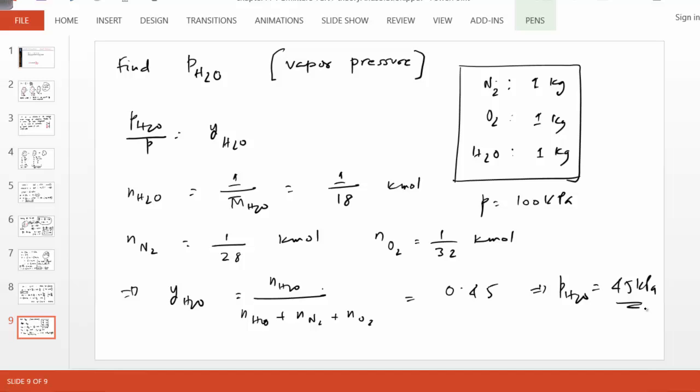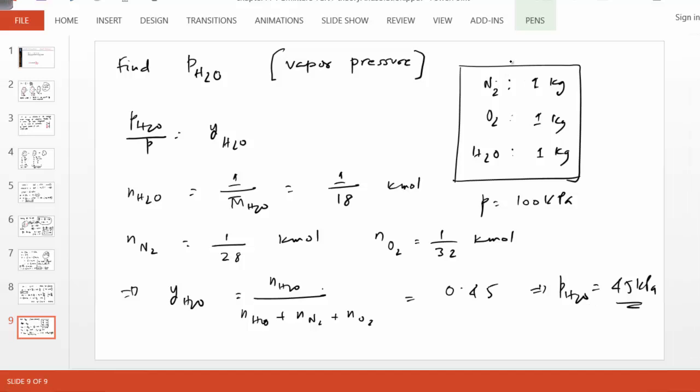Now this is an interesting thermodynamic question. Suppose we ask, what must be the minimum temperature so that the water vapor is in a gaseous phase, or at least vapor? Well, that's where Dalton comes in handy. Look, the water vapor has a pressure of 45 kPa inside this chamber.